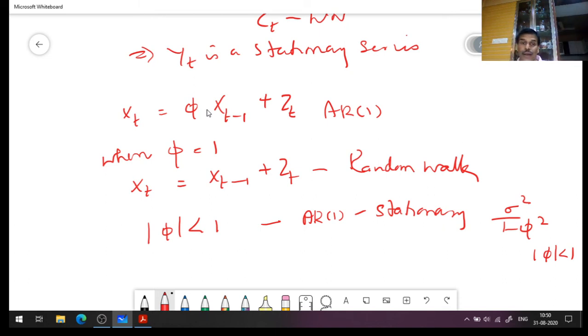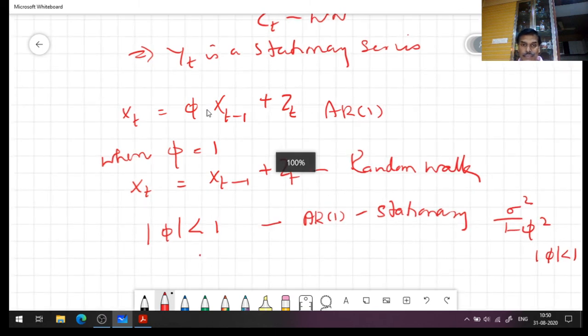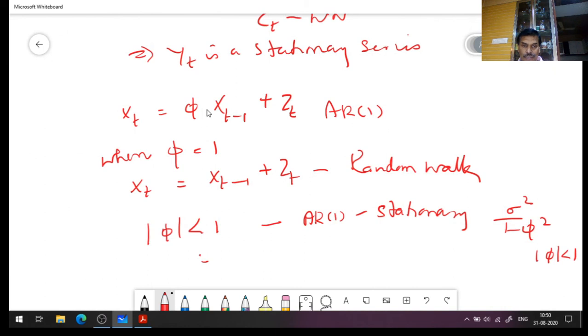Now this phi you can also link to a polynomial. For example, I can write the polynomial as phi of z equals 1 minus phi z.